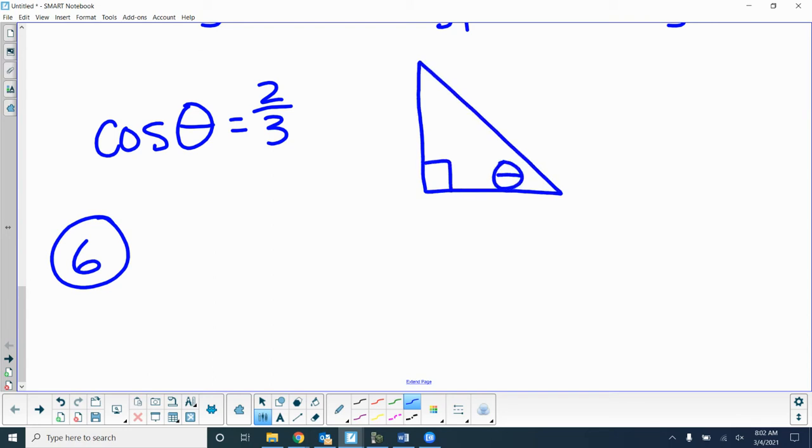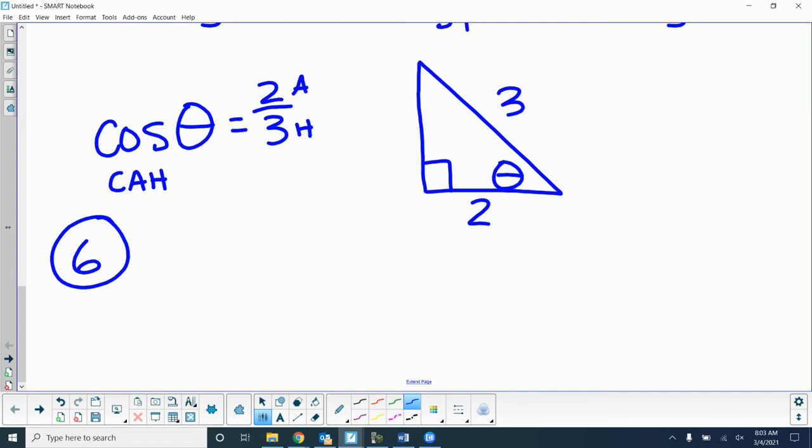Again, I always like to do it this way, but if you want to put theta up there, it doesn't matter. Now remember, cosine is CAH, right? Adjacent, so 2 over hypotenuse 3. That's the adjacent side. This is the A. This is the H. That's why I put them in that spot.